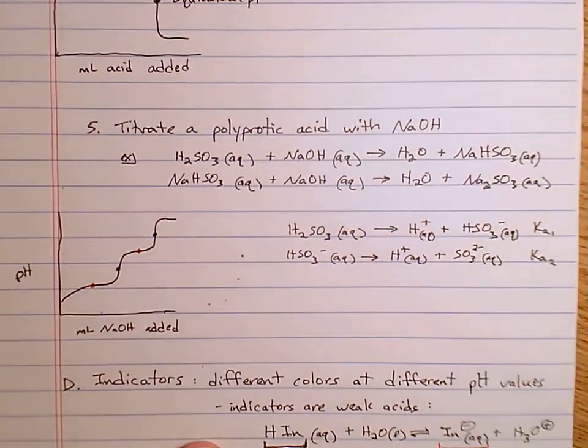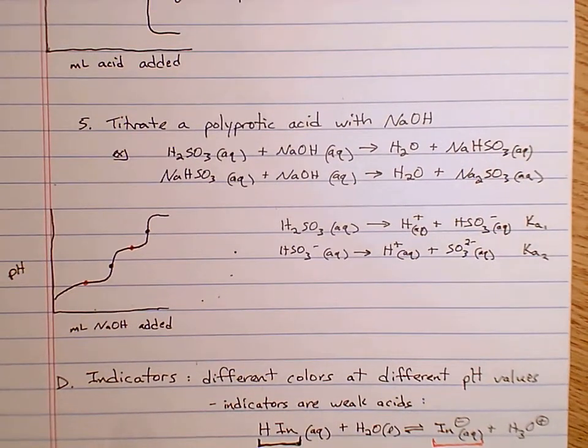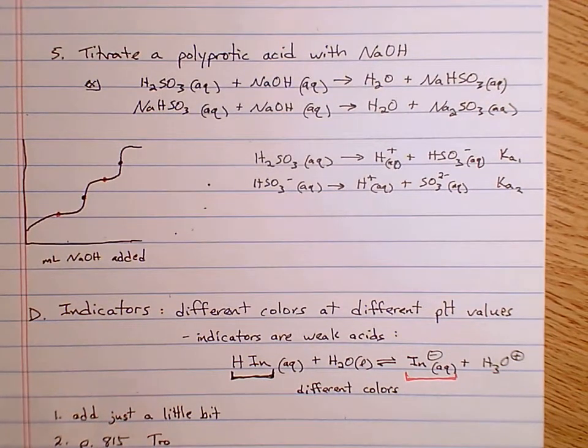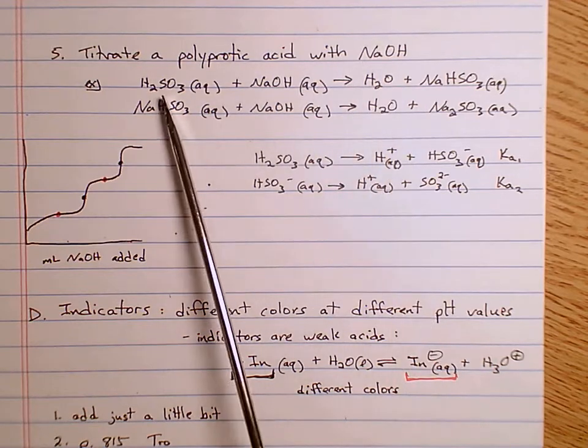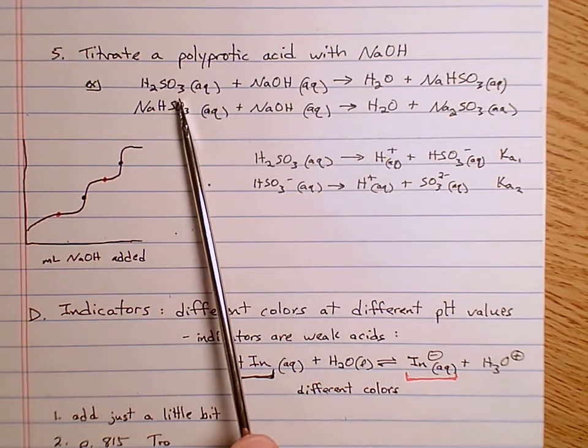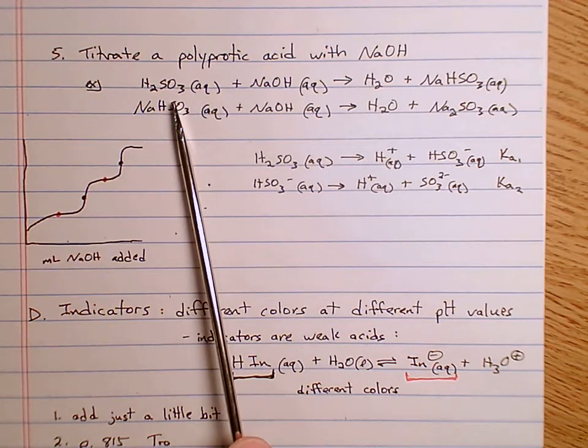All right, what if we have a polyprotic acid? Well, if we have a polyprotic acid, we titrate with NaOH, such as here's a weak acid, H2SO3. Note H2SO4, sulfuric acid, is a strong acid. This is H2SO3, a weak acid.